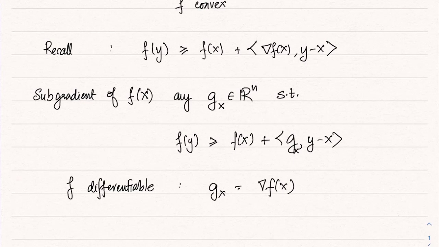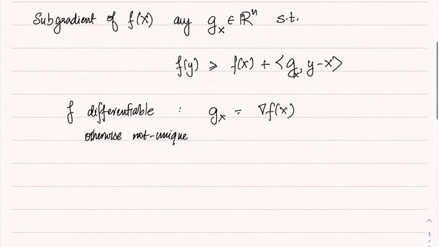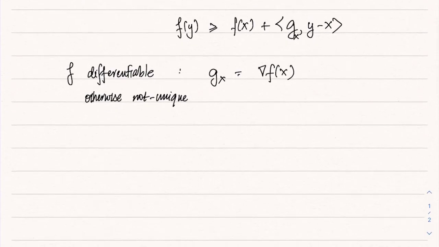So g_x can only be the gradient, nothing else. But in general, if f is not differentiable at a point x, then the subgradient is not unique. And this fact can be observed from a simple example.